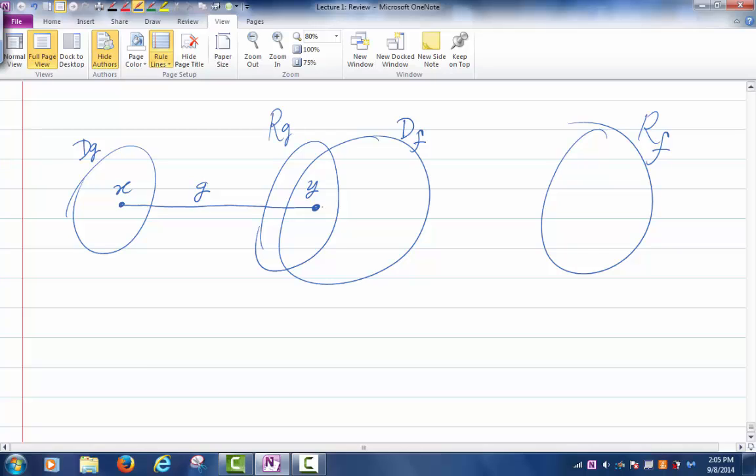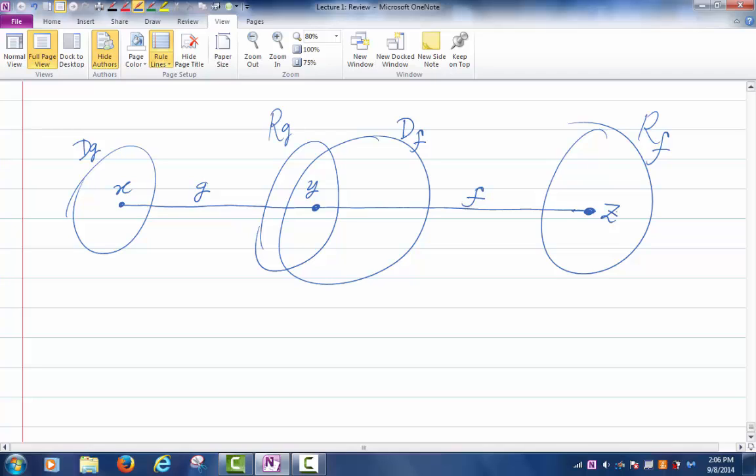And if y is not in the domain of f, you cannot apply f to it, right? And then you are applying f in order to get another value z, and z lies in the range of f. Okay? And the composition f circle g is basically taking x all the way up to z.